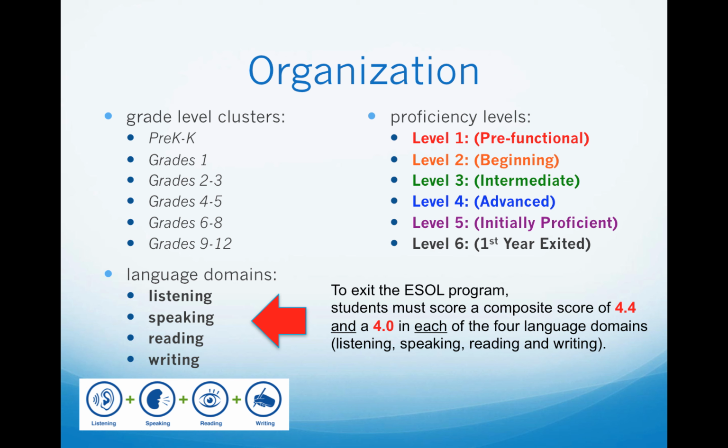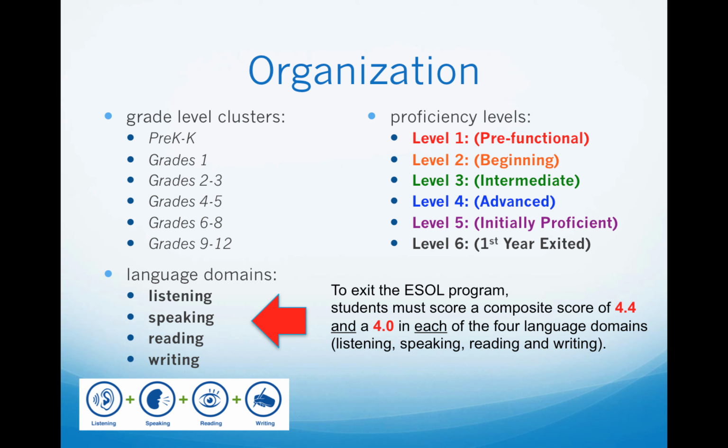The WIDA Access is organized in grade clusters from pre-K to grade 12, and it tests listening, speaking, reading, and writing. There are 4 separate scores that a child will receive after they've taken the WIDA Access test.